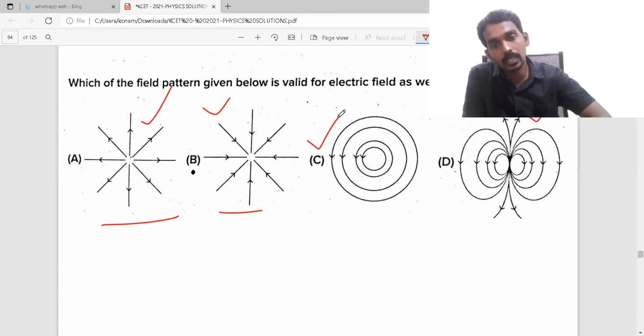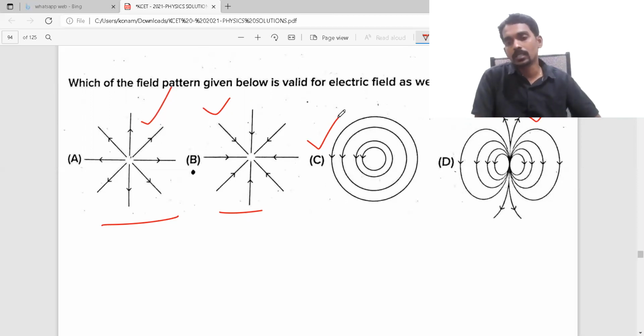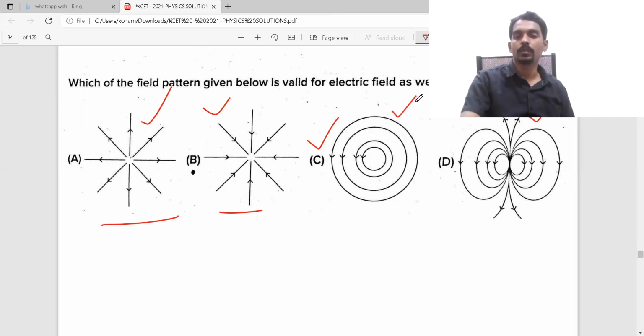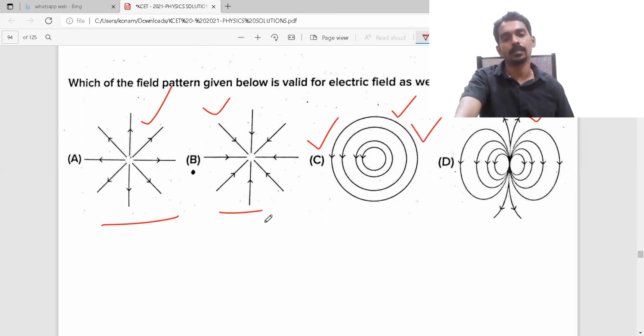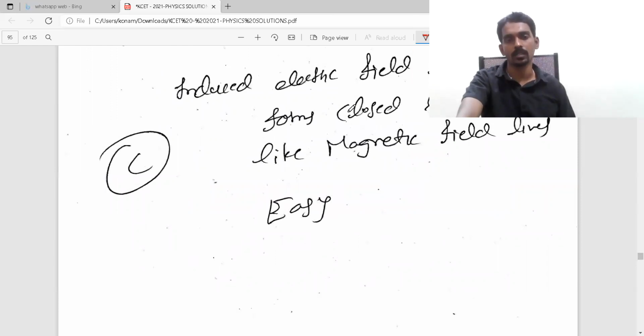The induced electric field can be in the form of closed loops, but the normal conservative electric field, that is the electrostatic field, won't form closed loops. So this is suitable for the induced electric field, and this is also suitable for the magnetic field. That's why option C is correct. Induced electric field lines form closed loops like magnetic field lines.